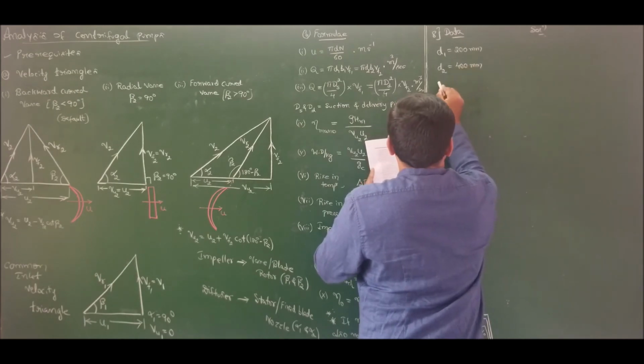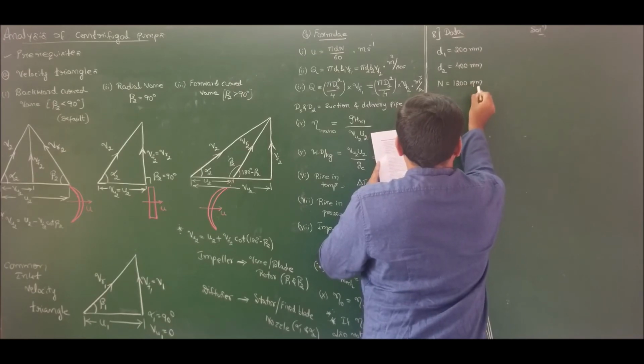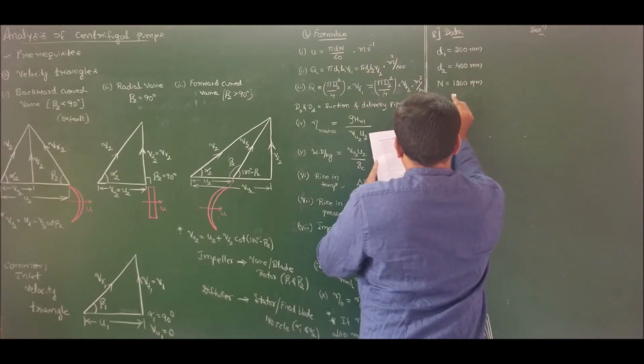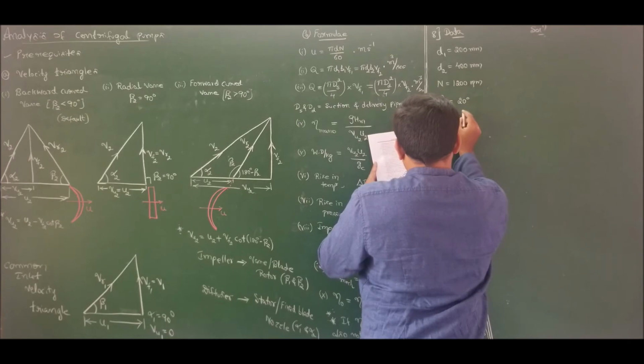The pump is running at 1200 rpm, N is specified, which is 1200. The vane angle of the impeller at inlet is 20 degrees, the impeller inlet angle beta 1.